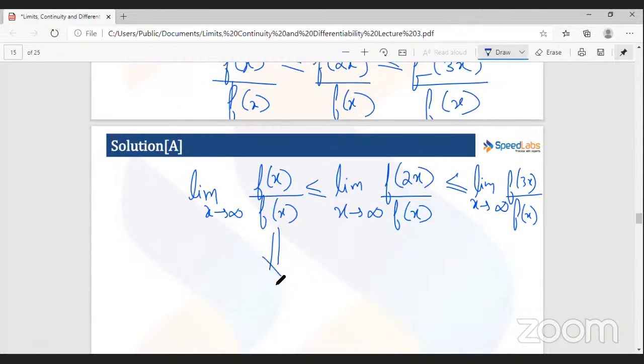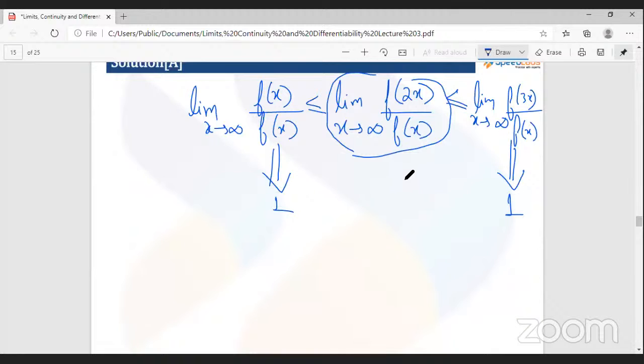Now this is here 1. This is given as 1. Now can you see that this is sandwiched between the limit of fx upon fx and the limit of f of 3x upon fx? So we'll apply the sandwich theorem here.